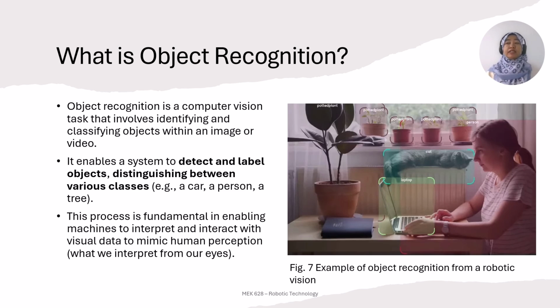The kind of decision they need to make is, for example, whether they need to avoid an obstacle, or fetch the right tools or the right object, or monitor the correct patients in a hospital. So it is like giving a sixth sense to the robotic system. Okay, that is the objective of object recognition.